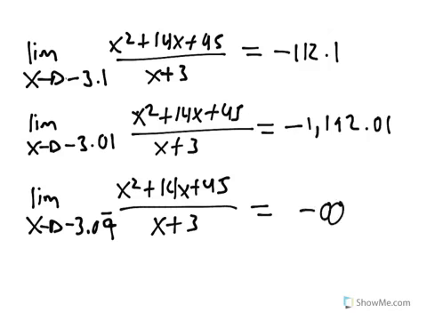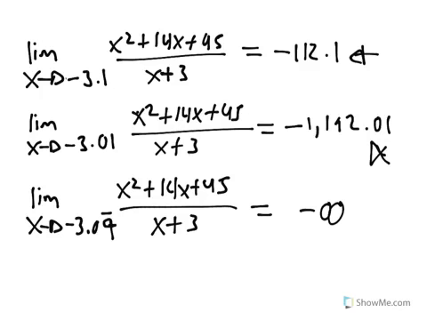How can we conclude that? We want to find the limit as x approaches negative 3 from the left-hand side. First we took negative 3.1 and got this number. Now we're taking a number that's a little bit closer to negative 3, and we get this number.